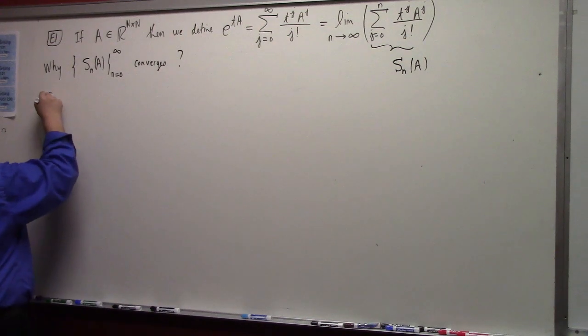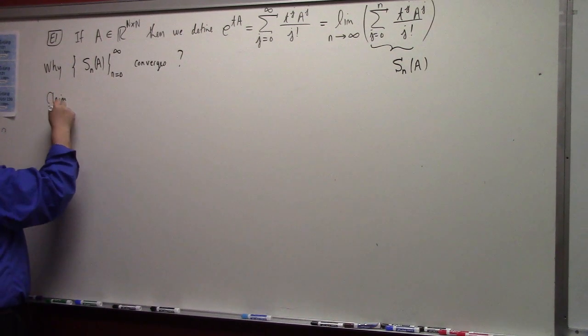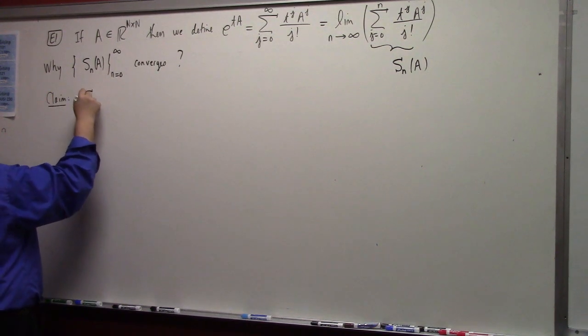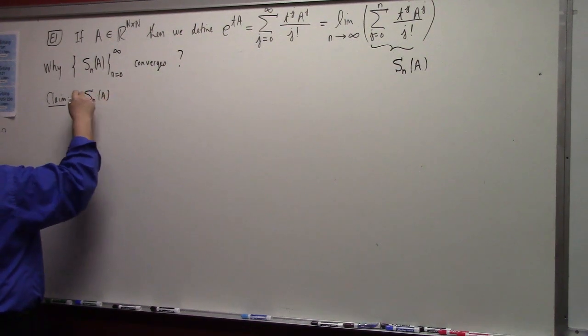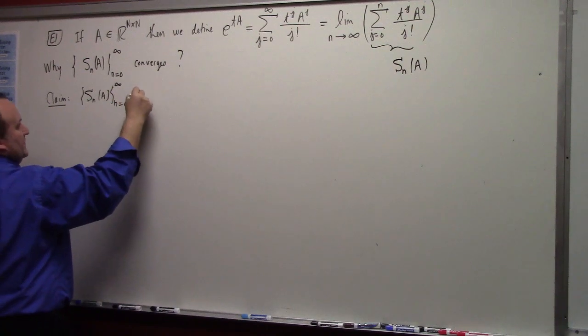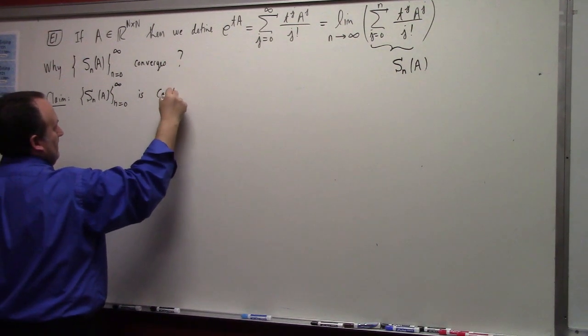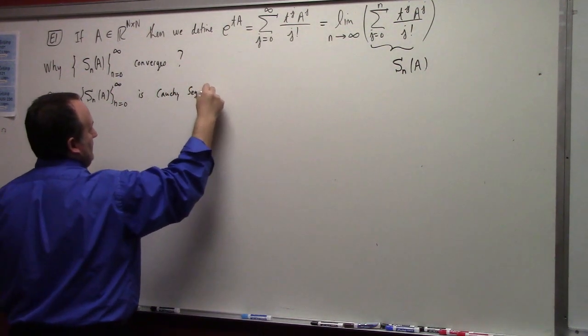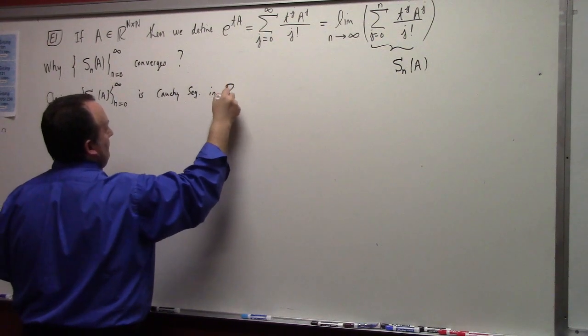So claim: S_n of A is a Cauchy sequence in the n by n matrices.